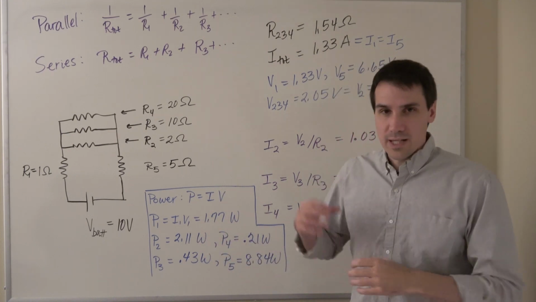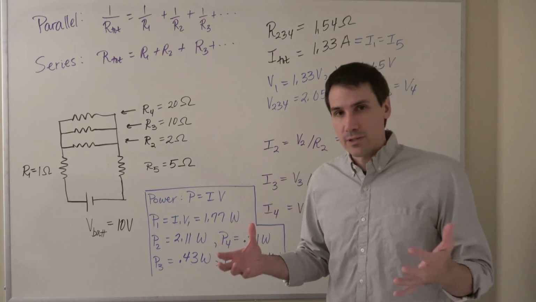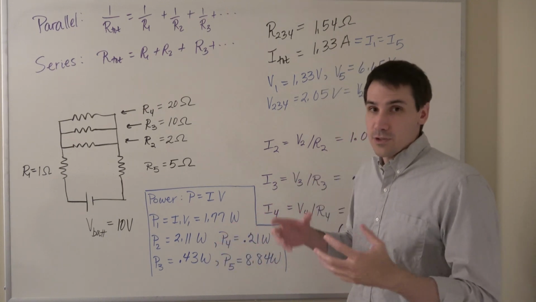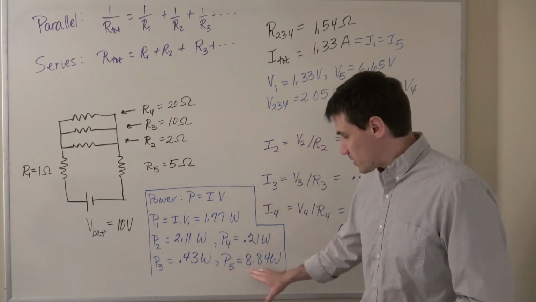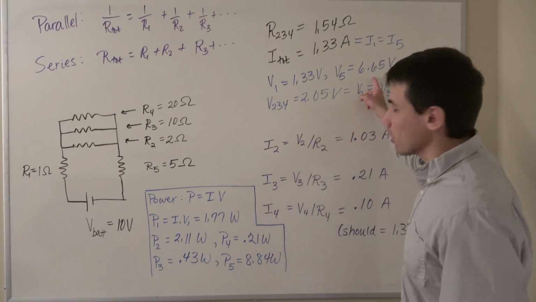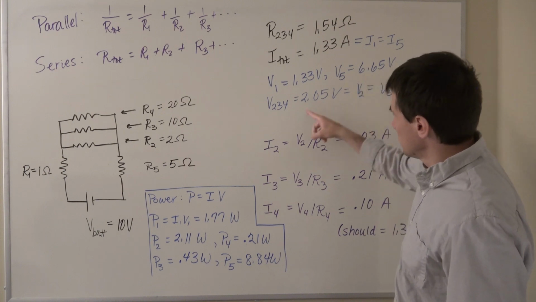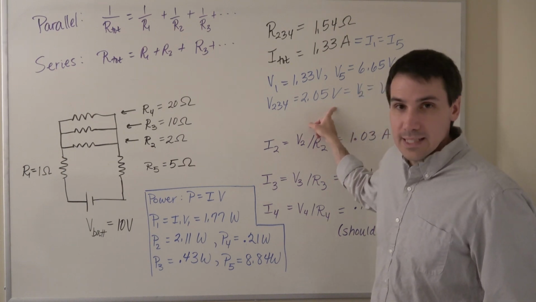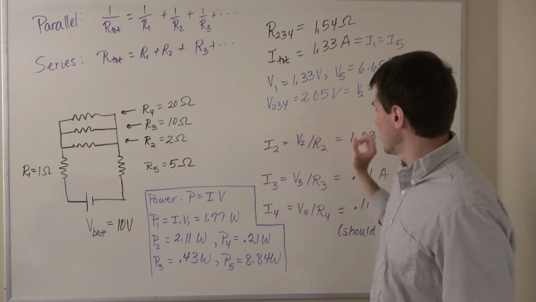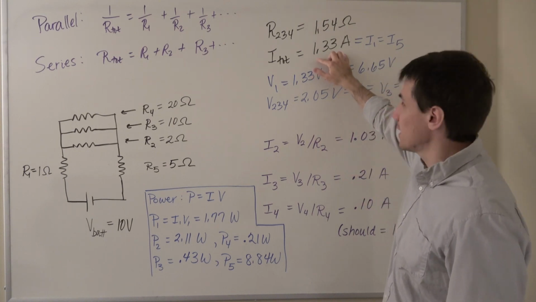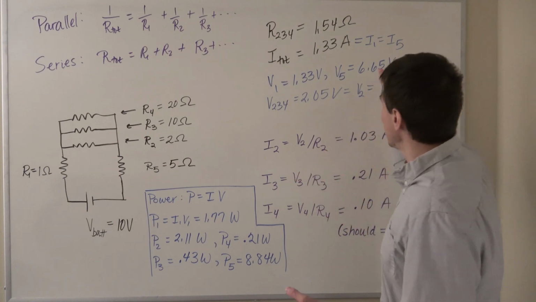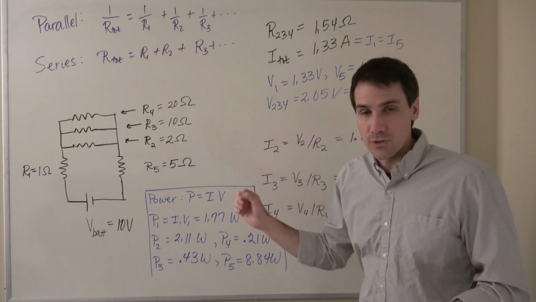Notice that resistors with a higher current or a higher voltage tend to have higher power. So resistor 5 has a large voltage across it, and it gets the largest possible current through it. That is, it gets all of the battery current and it has the largest voltage.